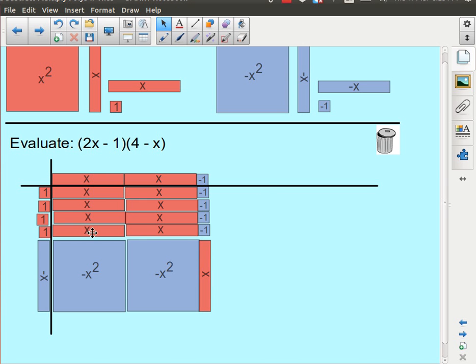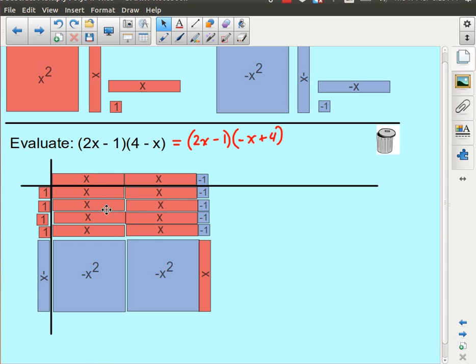Now this isn't normally how you would represent a question like this. More conventionally, you might represent this as 2x minus 1 and then negative x plus 4. Those are equivalent. 4 minus x is the same as negative x plus 4. But the answer here actually is correct.